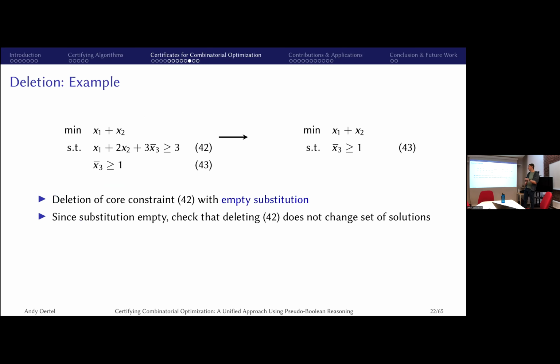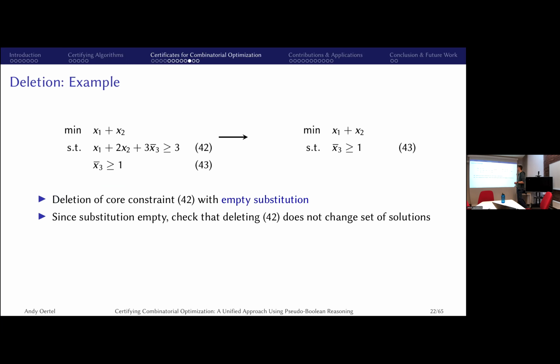So as an example, let us consider this constraint 42 to be a core constraint, and we want to delete this constraint 42. And for this deletion, we don't need a substitution. The check that we have to do is just checking that deleting this constraint 42 does not change the set of solutions that we have. So how can we see this?